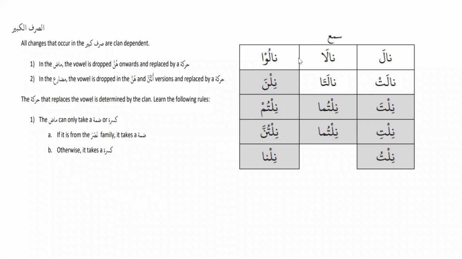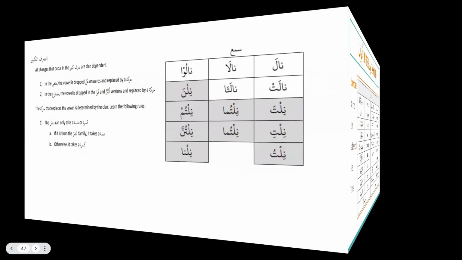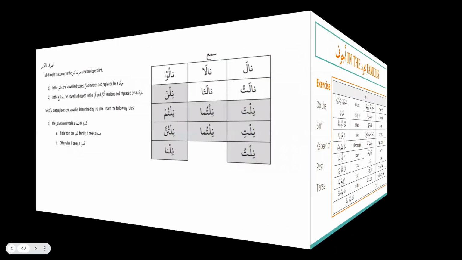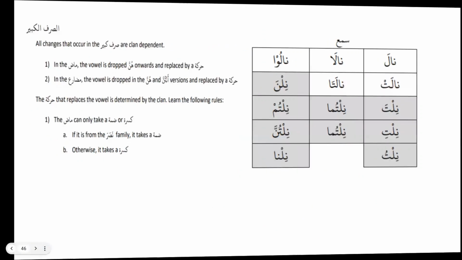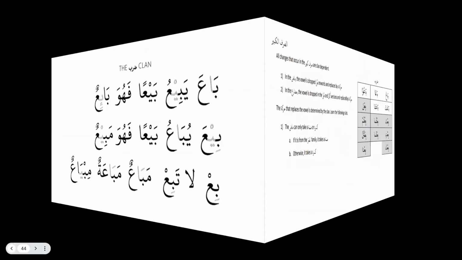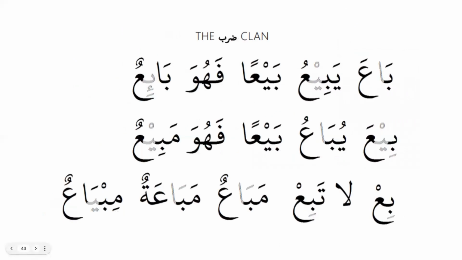But the thing is, we are doing only the past tense Sarf Kabir of Ajwaf in Sulasi Mujarrad. So this was today's topic. You learned how Ajwaf words look like, how you can identify Ajwaf words in Arabic texts.